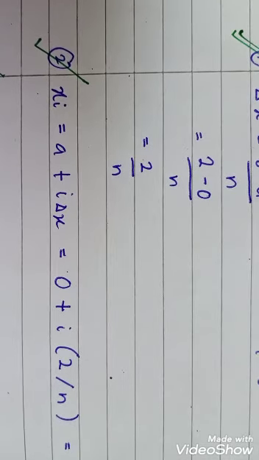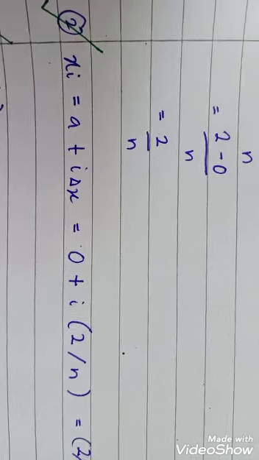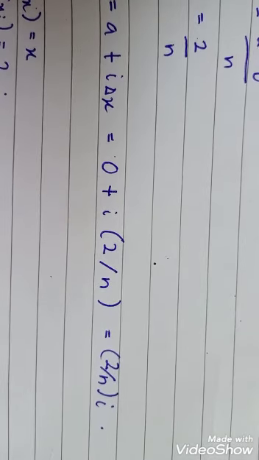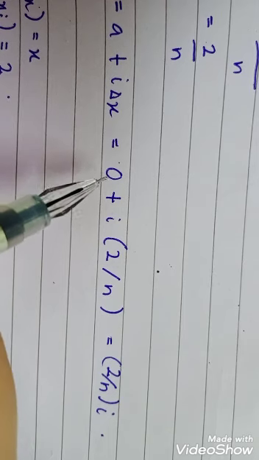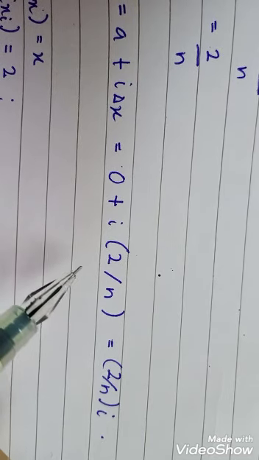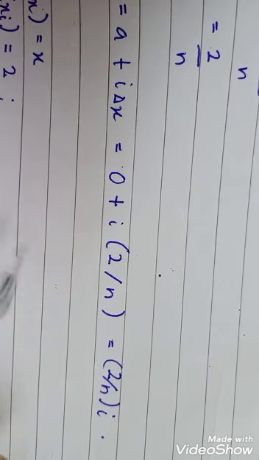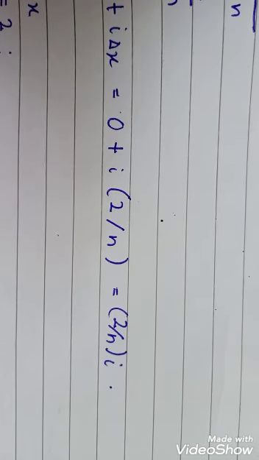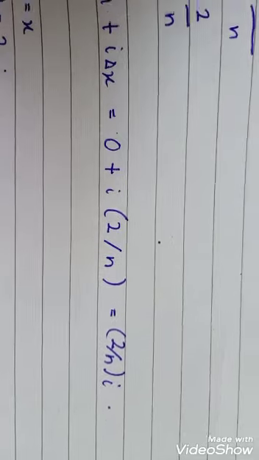The second step is we must find the xi. xi is equal to a plus i times delta x. So a is 0 plus i, and the delta x we know is 2 over n. So xi is 2 over n times i.